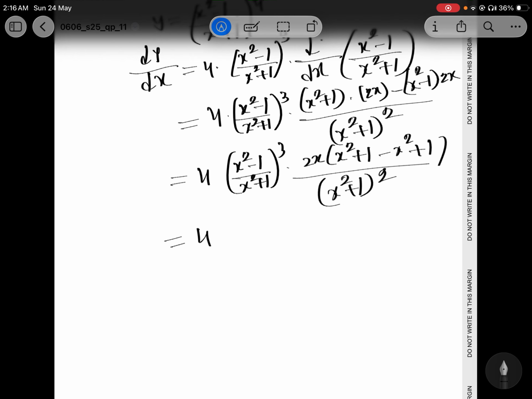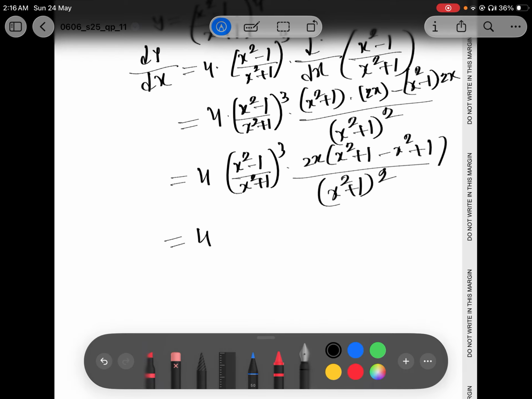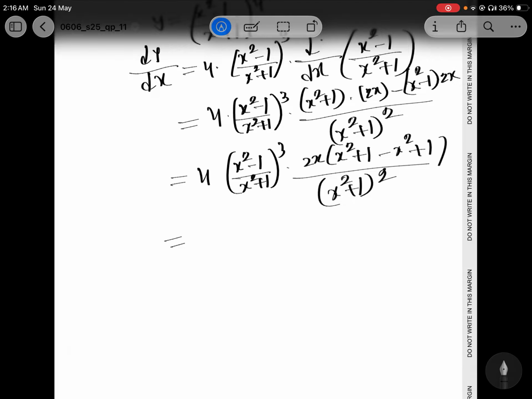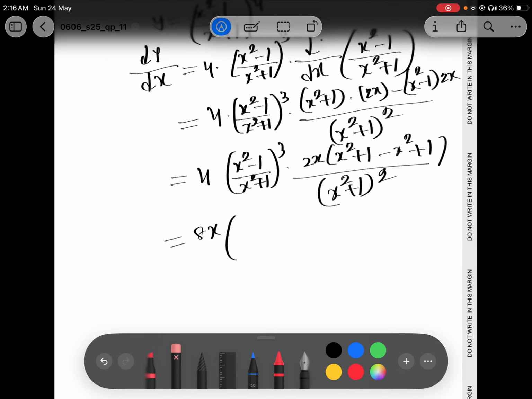Okay, so 4 times 2 is 8. I can write it in an easier form: 8x. I'll split the values here.